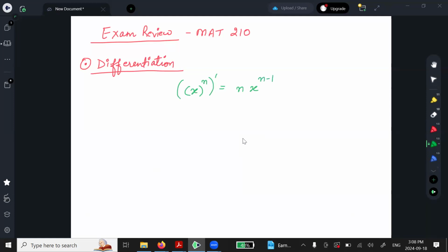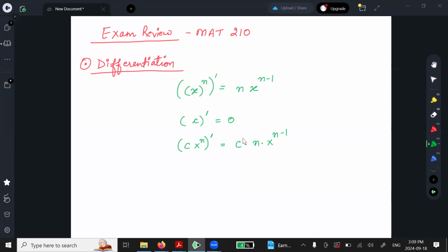Exactly, right? If I give you just a constant and I say, find me the derivative. If I say I multiply a constant by x to the power something, what will you do? You leave the constant as it is, apply power rule, right?